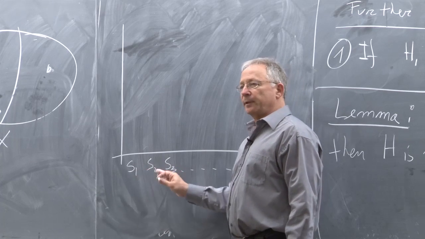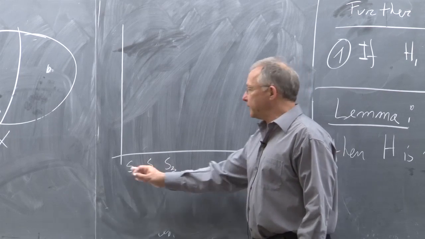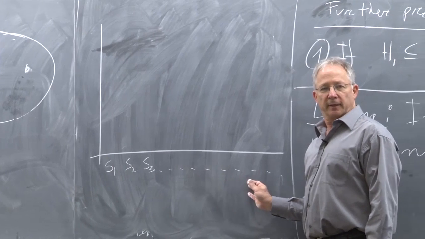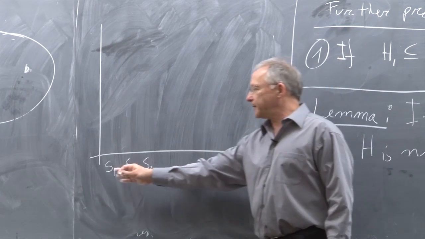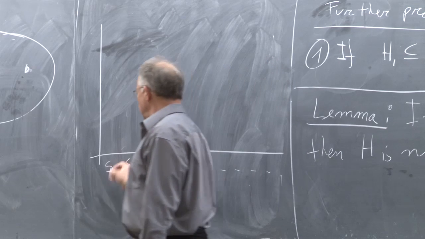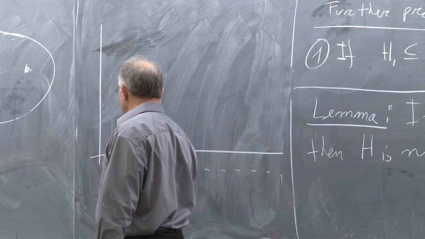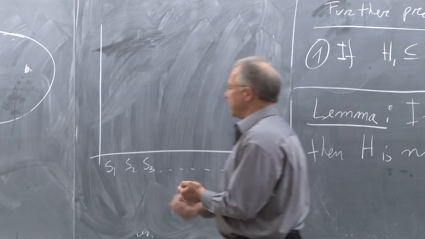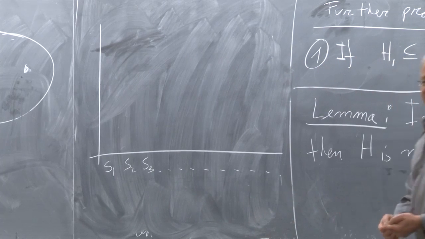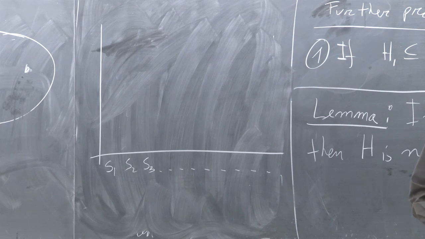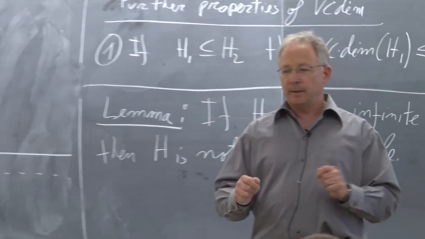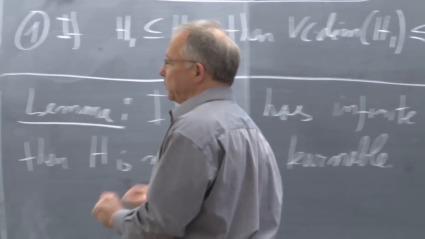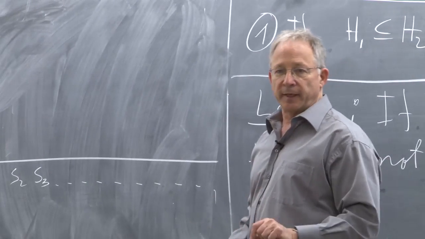This is going to be a very long list of all possible samples. Why am I stuttering here? Because for us, a sample was a sequence of points with labels. But I don't want to mention the labels right now.